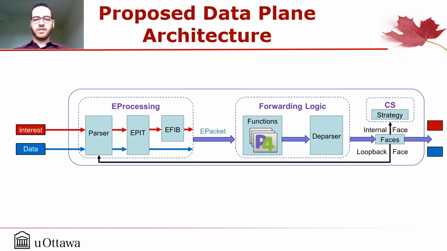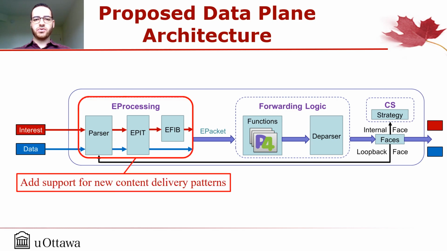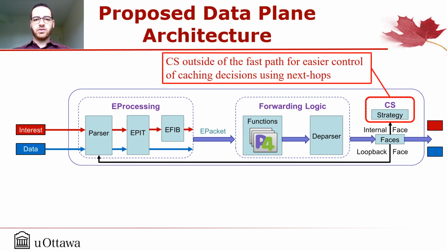The data plane of ENDN has two main modules, EProcessing and forwarding logic. The EProcessing module contains the NDN forwarding pipeline with some modifications to support new content delivery patterns. Another modification we did to the NDN forwarding pipeline is to put the content store outside of the fast path. It is accessible through an internal face to allow for easier control of caching decisions using next hops.